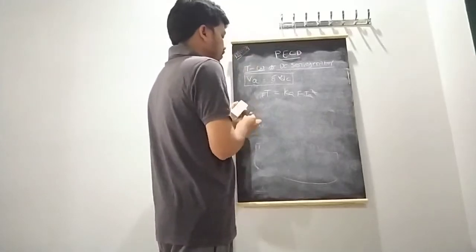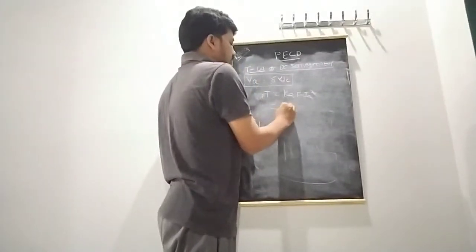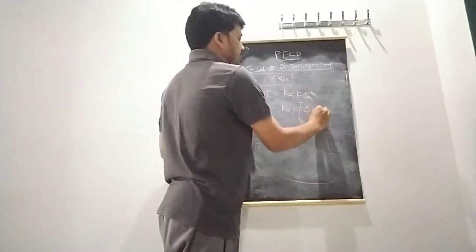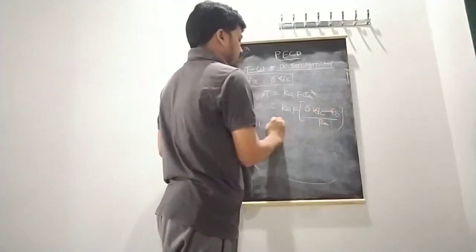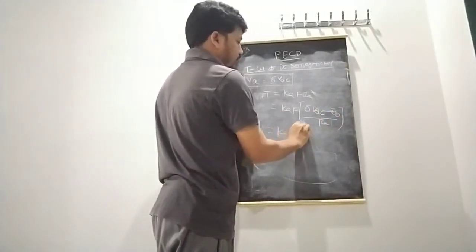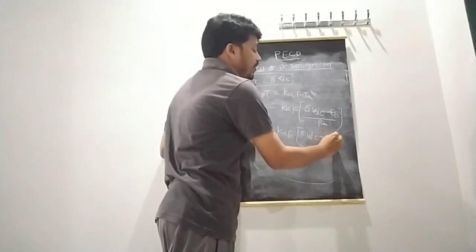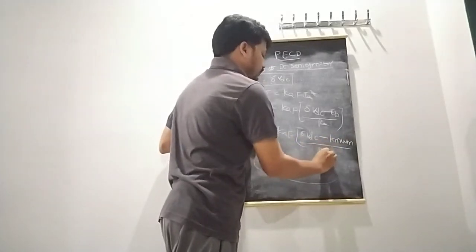So what is the torque here? Torque is Kf into Ia, that is delta VDC minus EB by RA. Delta VDC remains the same. EB is Km into omega m by RA.